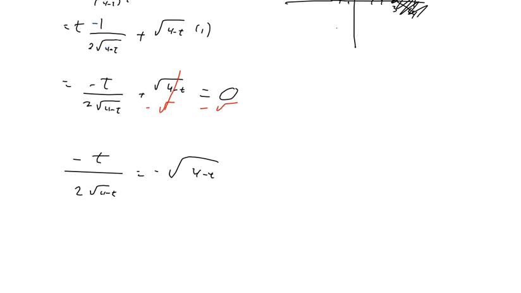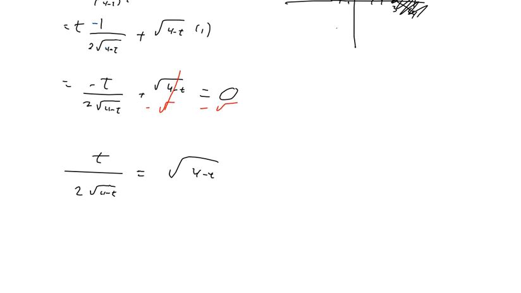Since they're both negative, I'm just going to cancel the negatives on both sides, divide by negative 1, to make my life easier.